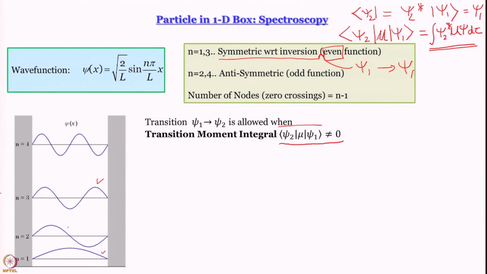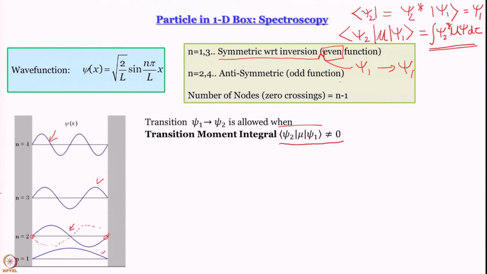However, look at this n equal to 2 or this n equal to 4. What happens if I interchange 0 and L? The function is going to change shape. Now this is plus psi 2. If I interchange 0 and L, you are going to have a function that will look like this.